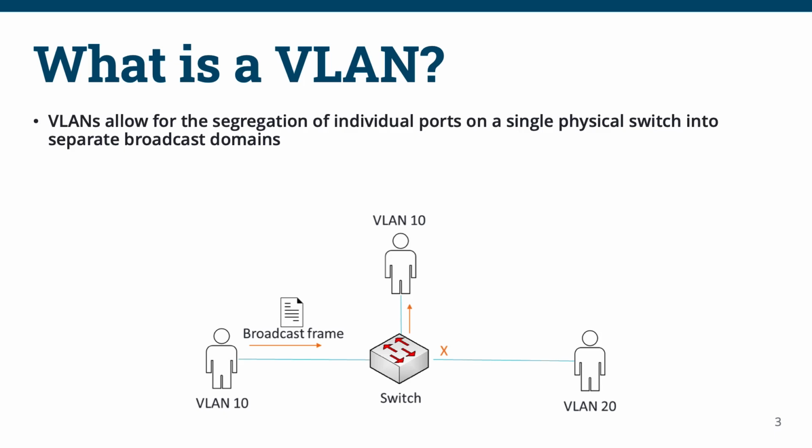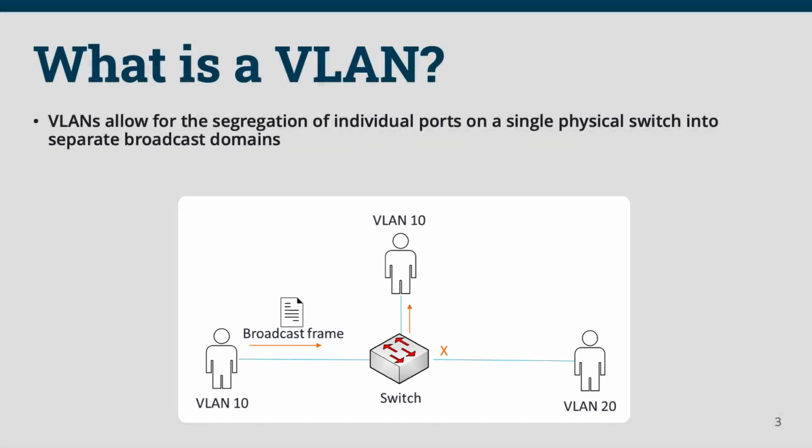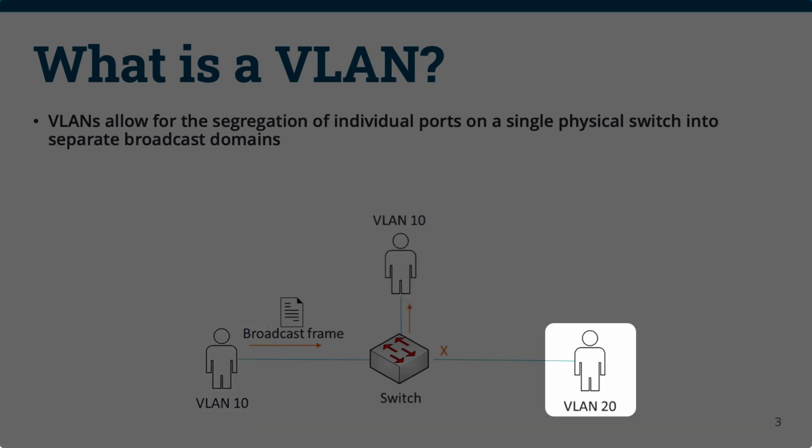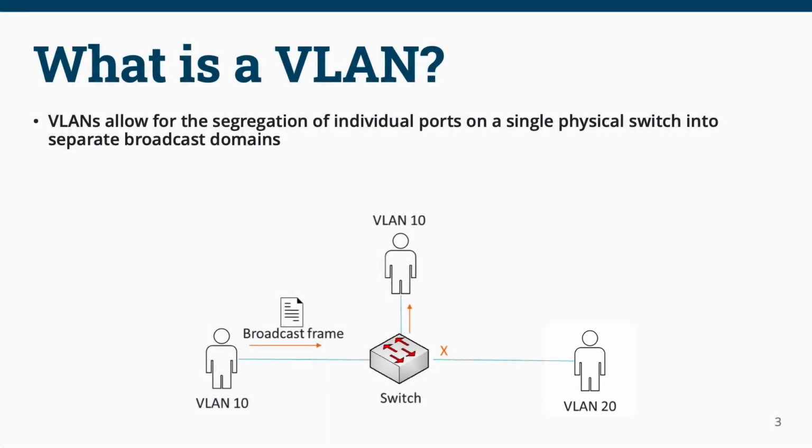Ports which are not a member of the same VLAN would not receive a broadcast frame, like in the diagram here. We have two users which are members of VLAN 10, then the one on the right, which is a member of VLAN 20. The broadcast isn't forwarded out the VLAN 20 port. The same goes for unicast frames.